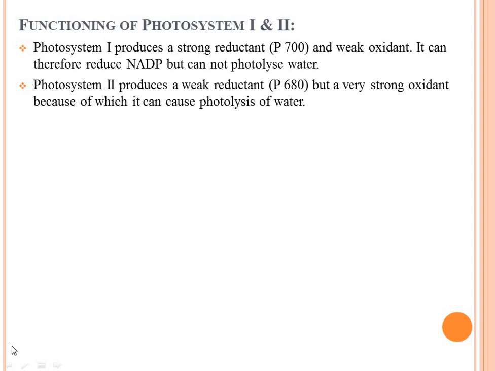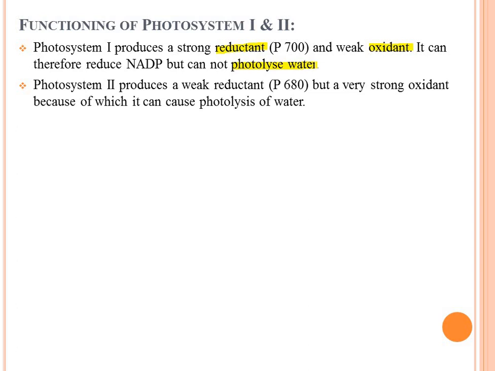Then what are the functions of photosystem 1 and photosystem 2? Photosystem 1 produces a strong reductant and a weak oxidant. It can therefore reduce NADP but cannot photolyze water.